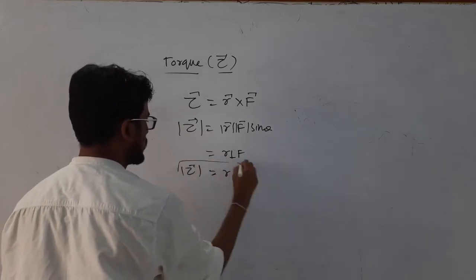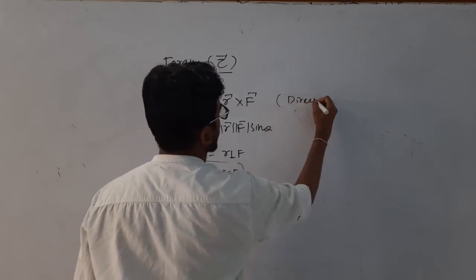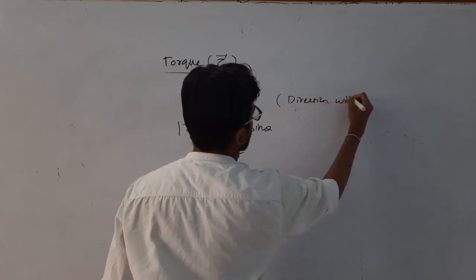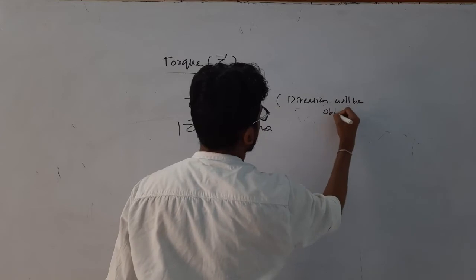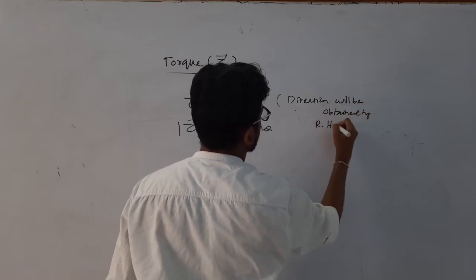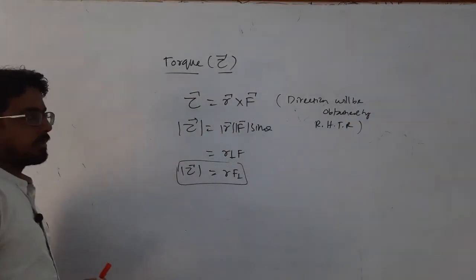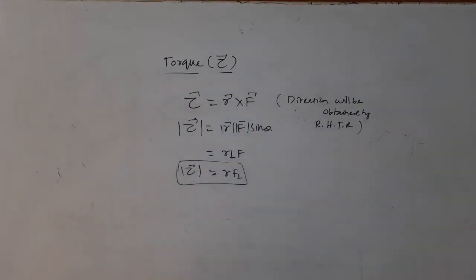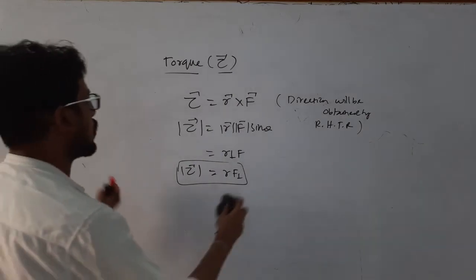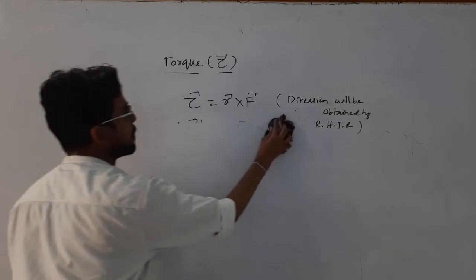Clear? And its direction will be obtained by the right hand thumb rule. So this is how we can find the torque of a particle about any point.